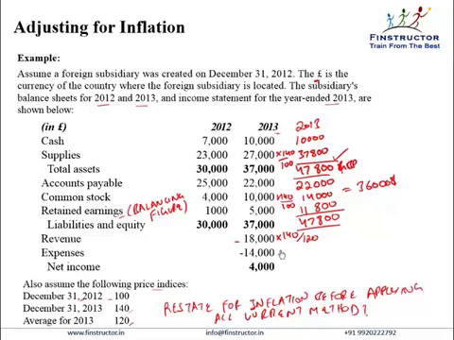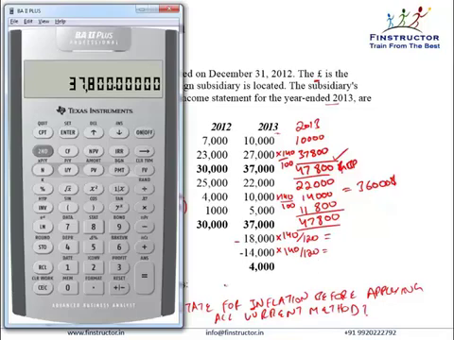So both revenues and expenses are assumed to have happened equally throughout the year, such that to rebase them to the current index value of 140, we need to multiply by 140 by 120, which was the average for the period. So the revenue would come out to be 18,000 into 140 by 120.